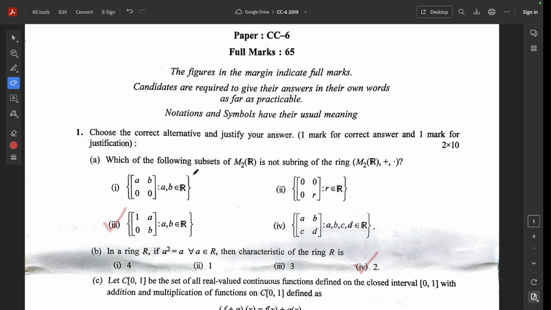Which of the following subsets of M2(R) is not a subring of the ring (M2(R), +, ·)? Correct option is 3: [1 a; 0 b], such that a, b belong to the set of real numbers R.